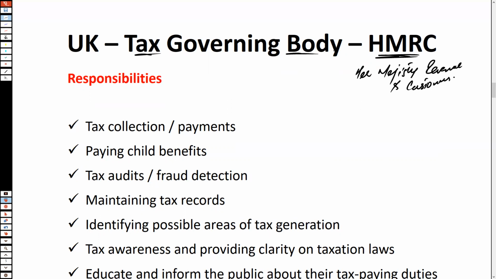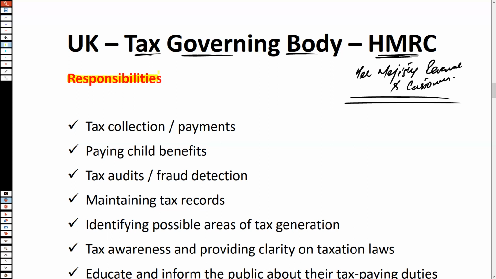So to meet these expenses, how does the government meet these expenses? By our taxes. So the taxpayers who are paying taxes, that tax is actually considered as the revenue for the government. For tax governing body, we can use the word revenue body, revenue authority. So UK tax governing body name is HMRC, Her Majesty Revenue and Customs.